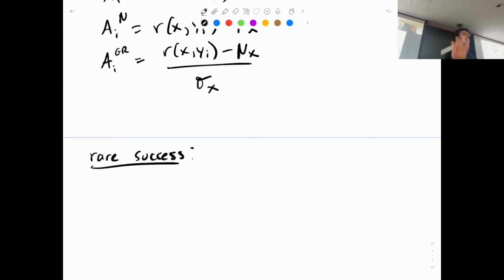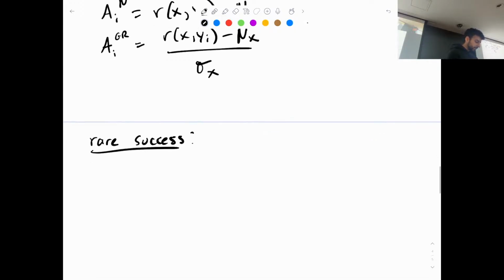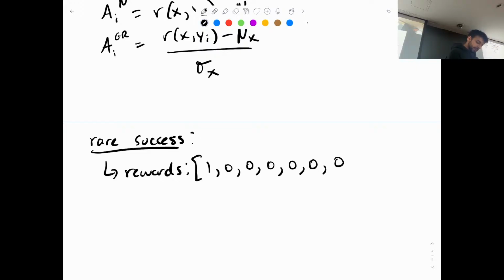So the rare success cases are the ones that we want to focus on. So here, in our case where we have 8 rollouts, we might have only the very first rollout associated with a positive reward, a correct answer, and all the other ones have no reward at all.